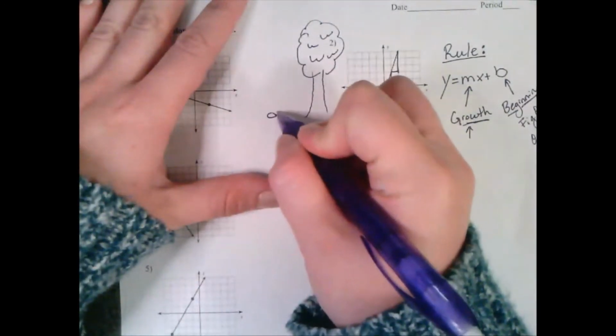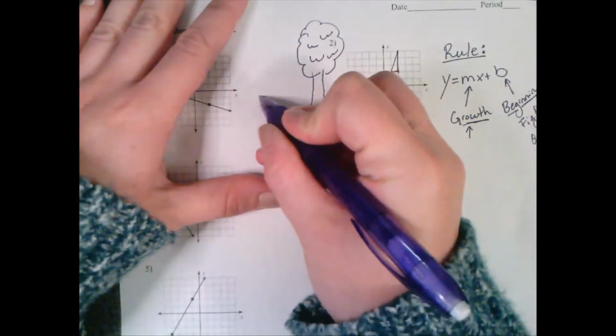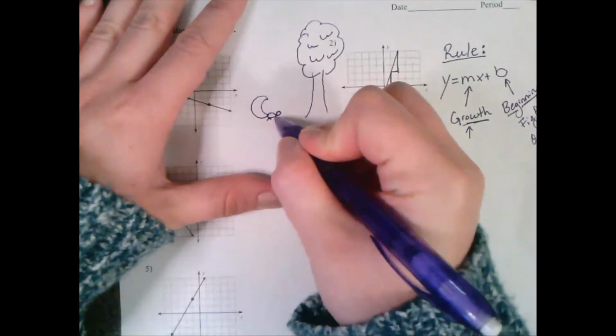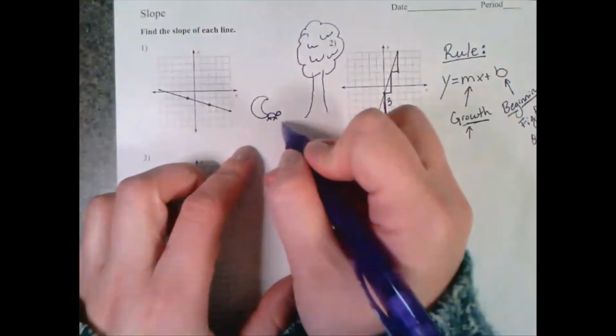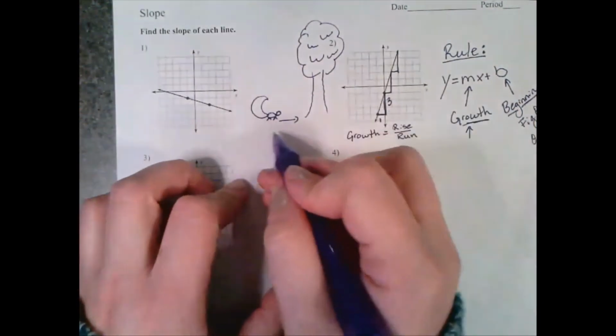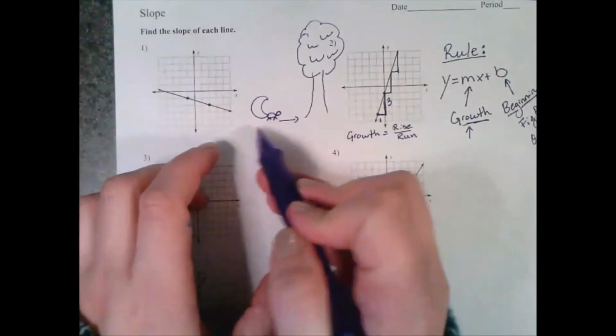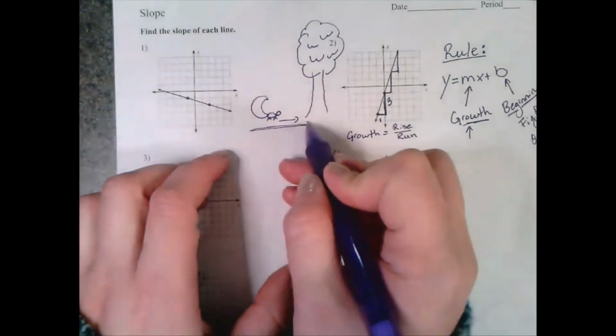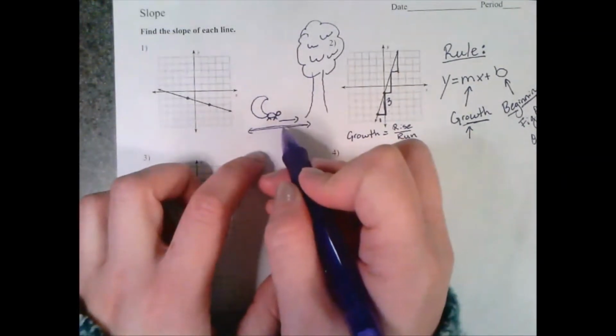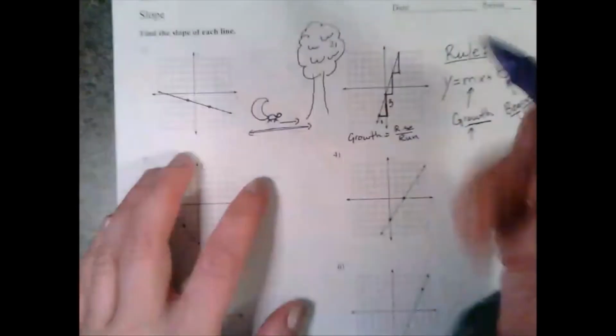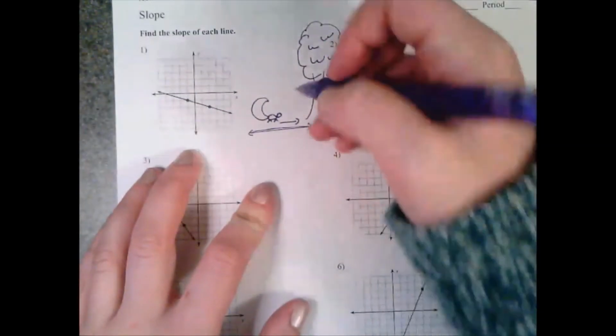And I have a squirrel that is running. This is my squirrel, don't judge. He is running across the ground to the tree, right? Running primarily is done horizontally across the ground, right? Yes, you can run up inclines, but for the most part, you do running side to side. You do not run up and down, right?